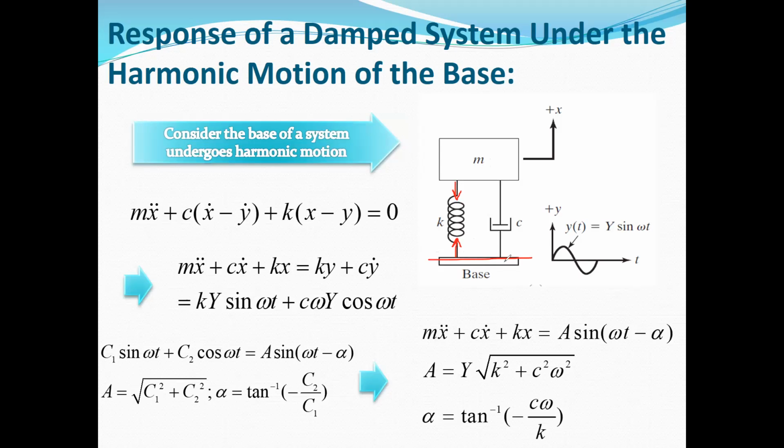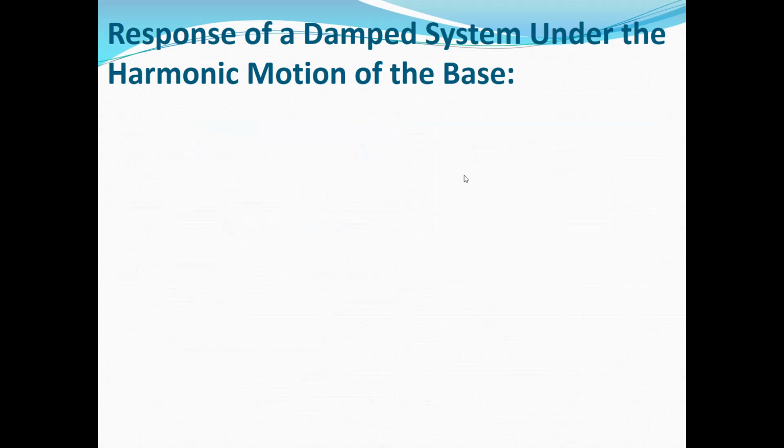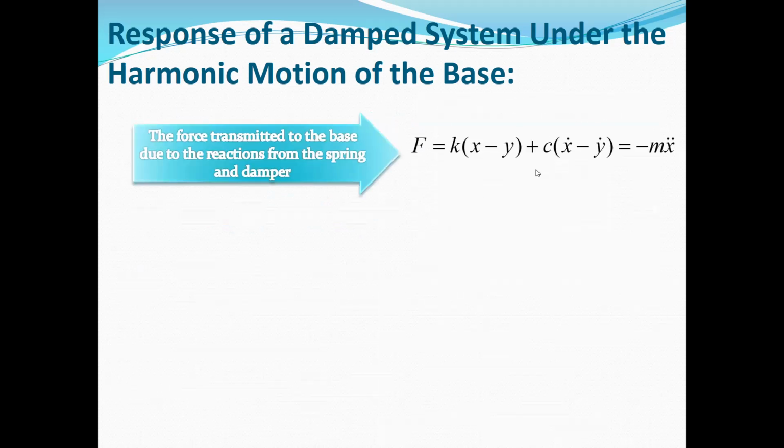And the total force which is transmitted to the base is equal to the summation of these two forces, k(x minus y) plus c(x dot minus y dot). So this is the transmitted force, and now we want to discuss it.